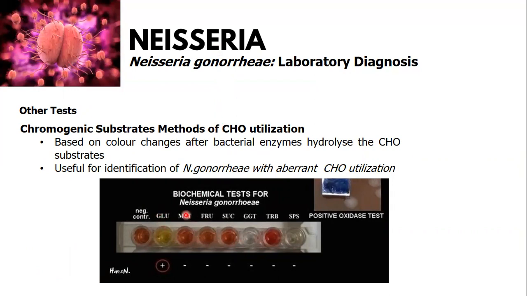In this case, since we are talking about Neisseria gonorrhoeae, it only produces a chromogenic reaction in the well that contains glucose, because Neisseria gonorrhoeae only ferments glucose. So this is useful for the identification of Neisseria gonorrhoeae with aberrant carbohydrate utilization reaction in CTA.